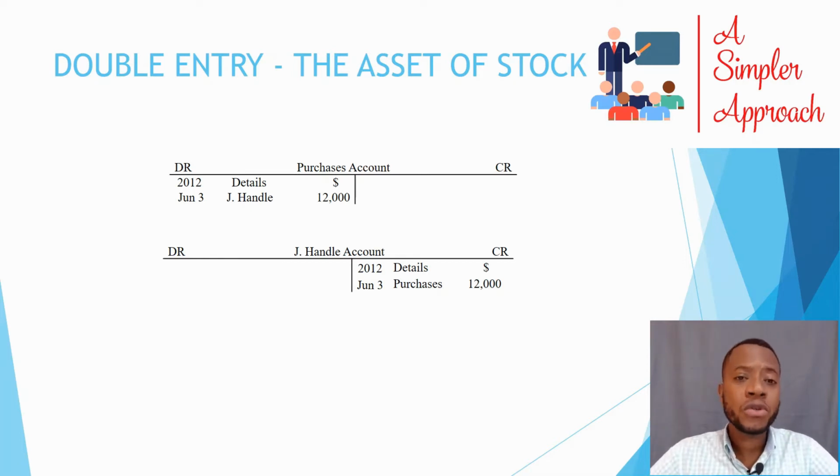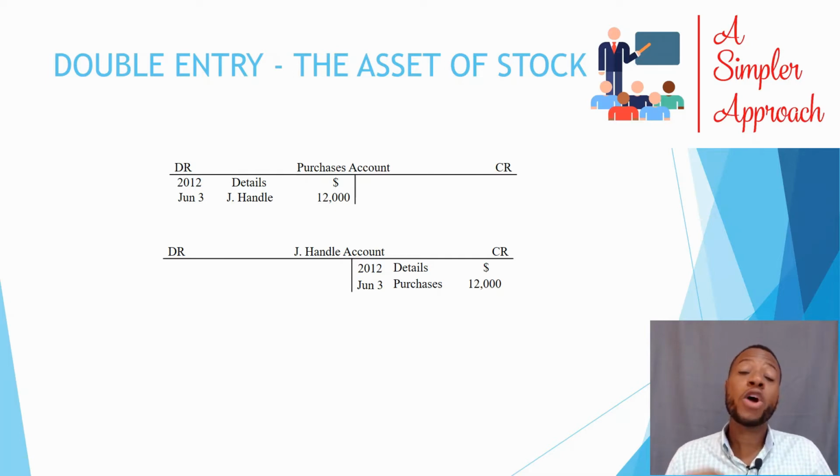Remember also that purchases is debited, and when we say debit an account, we mean that the information is placed on the debit side, which is the left side. So there we have in the purchases account the information necessary for the transaction. June 3rd, 2012, details J. Handel, $12,000.